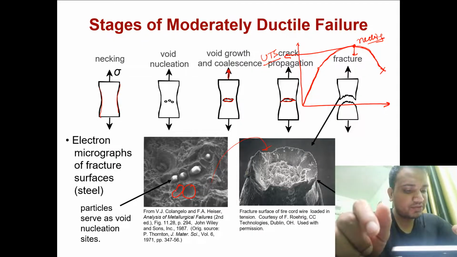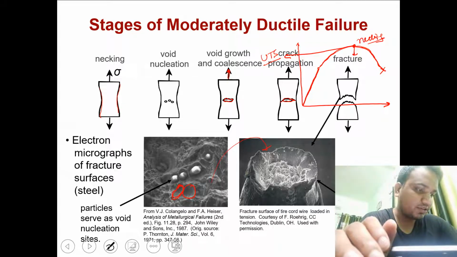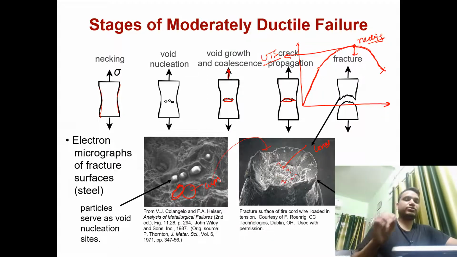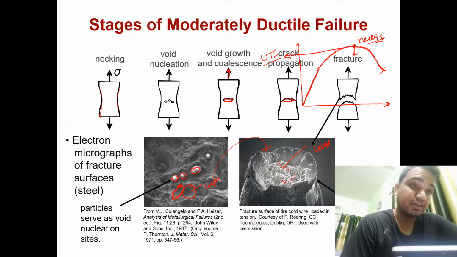If you see here, these are some spikes, so these are cones and these are cups. Here it is also showing some extra particles that can also lead to the formation of voids, because these are secondary particles.